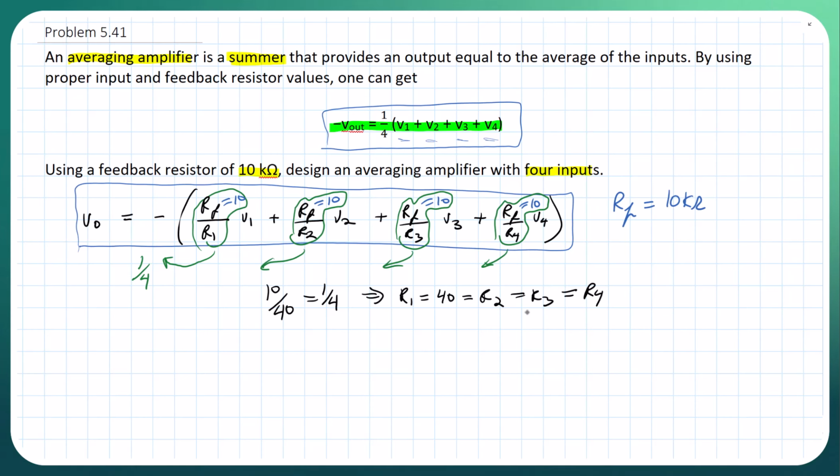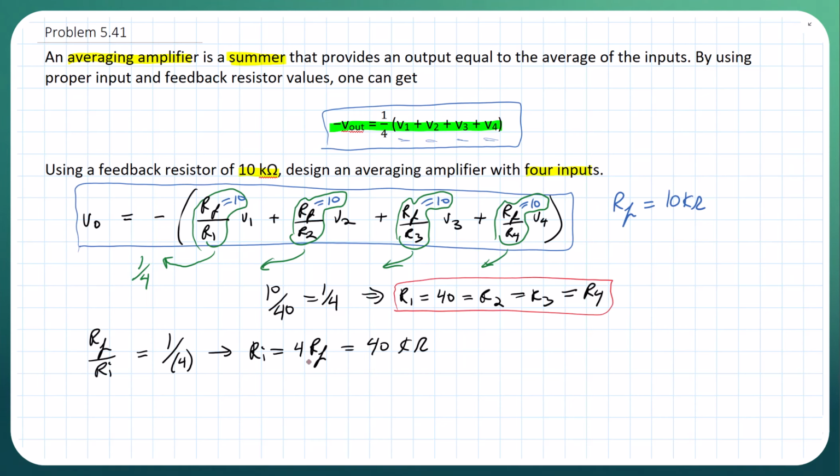Another way of looking at this, we can say, well, I have my feedback resistor over our input equals 1/4, and then we just rearrange this equation. We say our input is equal to 4 times RF, and that also will give us our 40 kilo ohms. So one way of doing it is visually inspecting it, another way is actually computing it. Those are 2 different approaches.